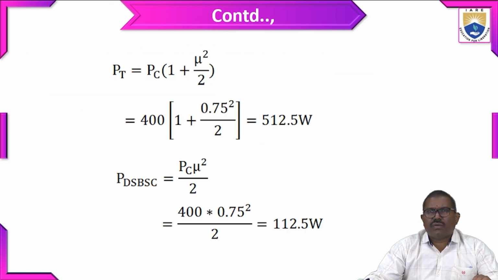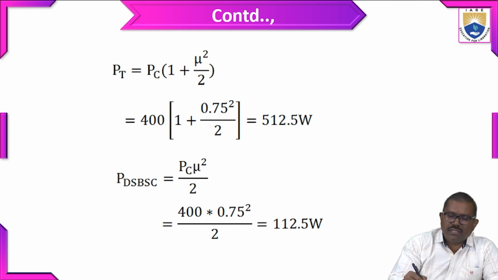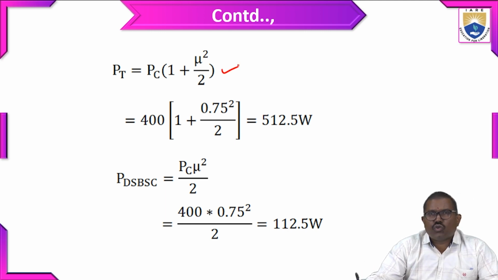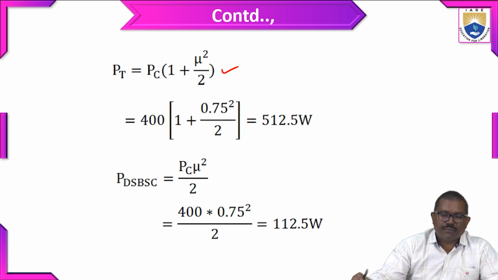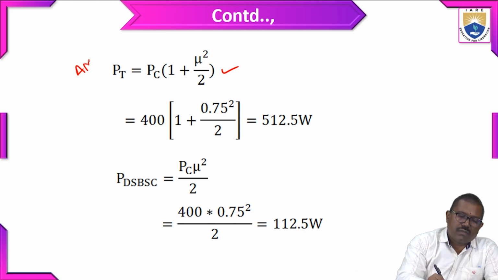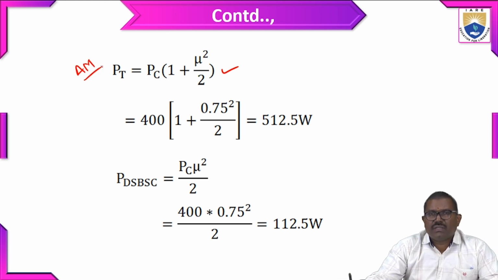For this we require two formulas. One is PT, the total power, equal to Pc into 1 plus mu square by 2. PT is the total power for AM, which is double sideband with full carrier. So Pc, the carrier power, into 1 plus 0.75 whole square by 2.